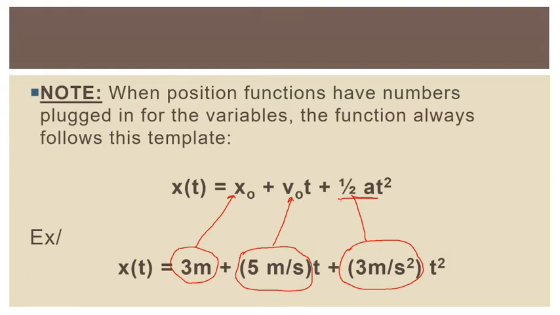And that's the idea. So by being given a position as a function of time, you always know the value of these variables because it has to follow this template.